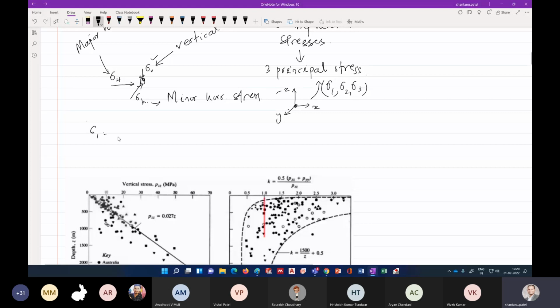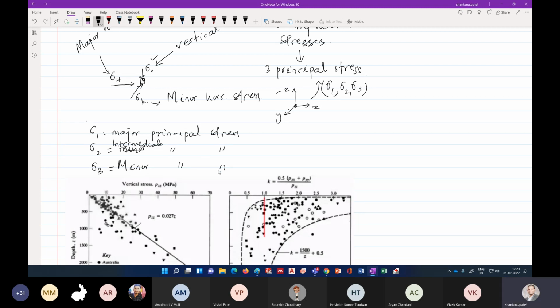Sigma 1 is your major principal stress, sigma 2 is your intermediate principal stress, and sigma 3 is your minor principal stress.